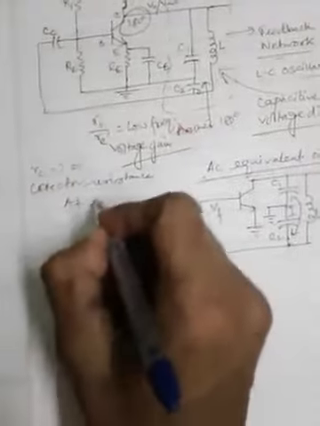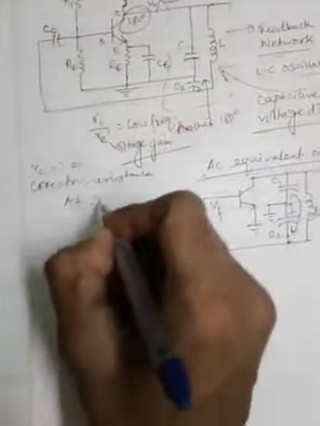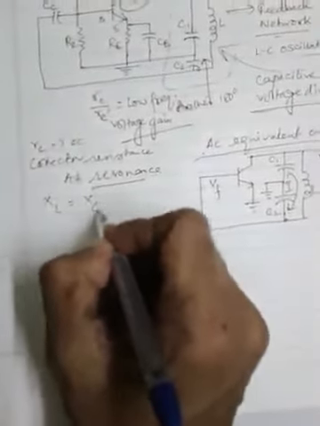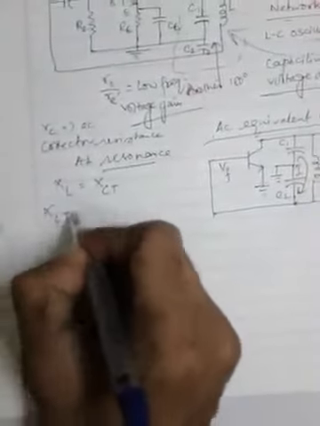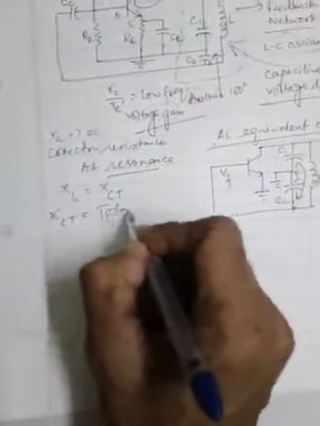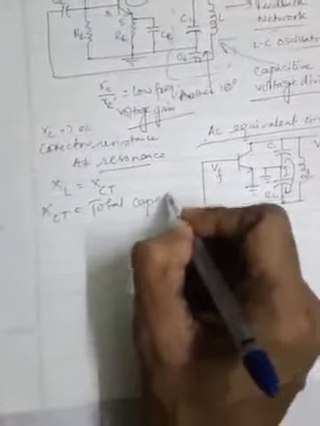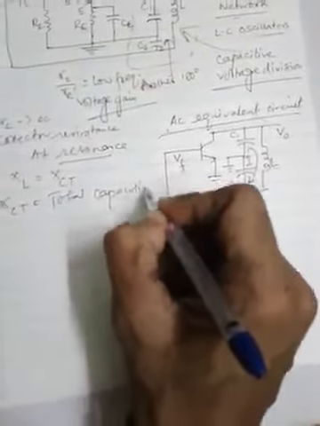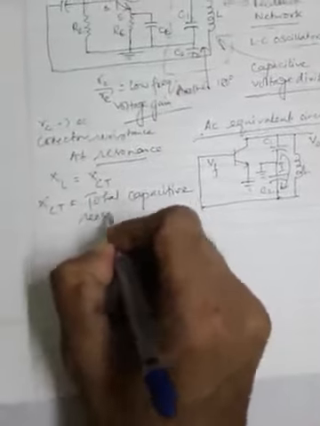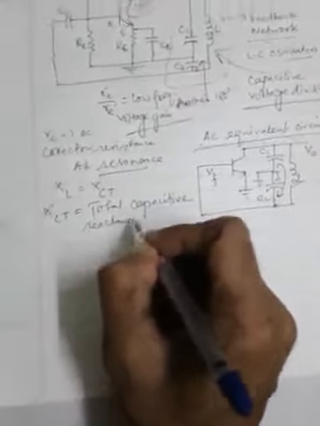Now, at resonance for this particular circuitry, we can write that the inductive reactance XL should be equal to the total capacitive reactance, denoted by XCT. Now I am discussing only the tank circuit, that is the feedback network: the total capacitive reactance in parallel with the inductance.